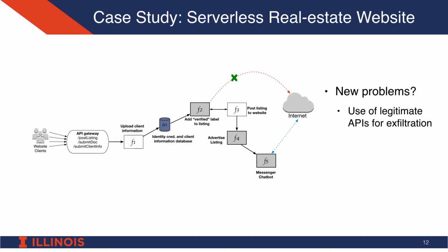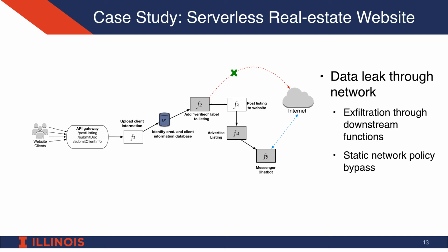But recall that F2 does not have direct access to the internet. Instead, attackers can make use of legitimate API calls to launder the data out to a location under their control if possible. Now, how is this possible?